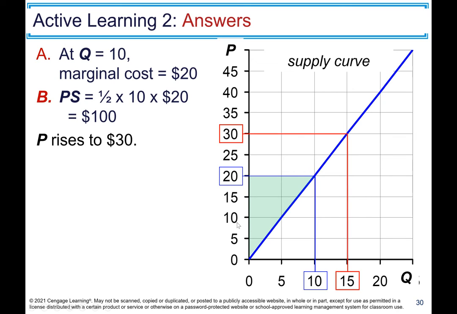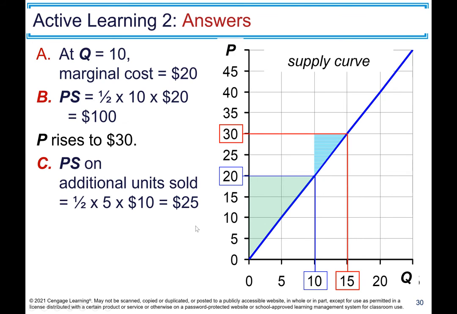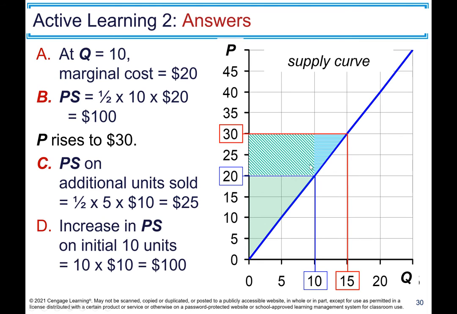Price rises to 30. Producer surplus on additional units sold would be 1/2 times 5 times 10, the area of this triangle. Increase in producer surplus on the initial 10 units.